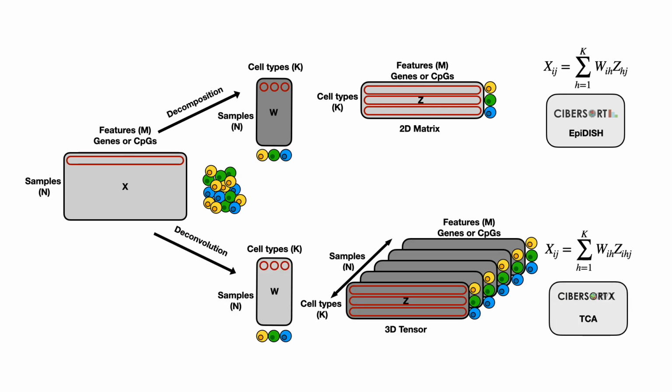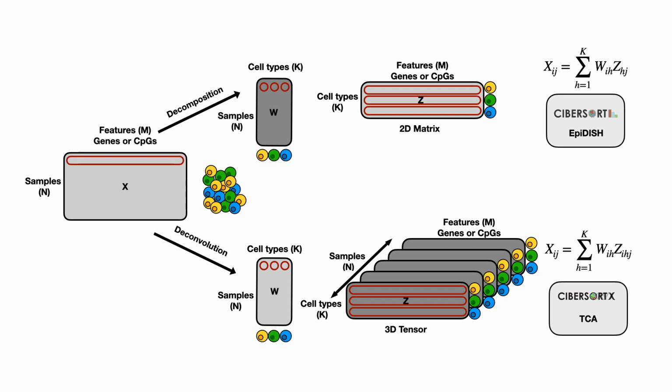In this talk, however, we're going to try to tackle a slightly more challenging question, which we call the deconvolution question. Similar as before, we also have our cell type proportion matrix W, but this time we're trying to estimate a 3D tensor that is cell type by feature by samples. So now the key difference is that the cell type specific profiles are also sample specific.